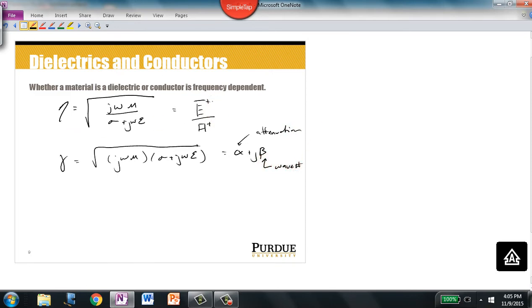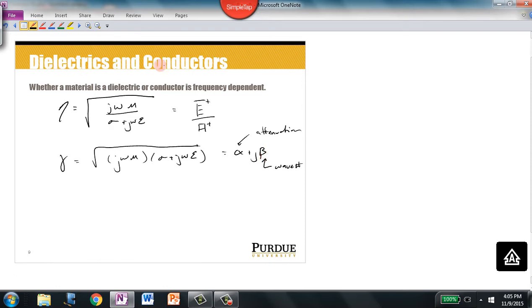So eta is telling us the relationship between the E and the H fields in the plane wave, and the propagation constant is telling us how much that plane wave attenuates in a material, and what is the relationship between propagation velocity and angular frequency. It's basically what wave number is telling us there.